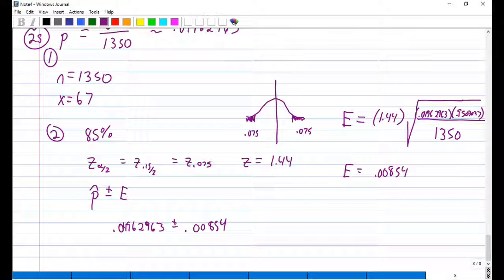All right. So once I do that, I'll have my two endpoints. When I add and subtract that, I'm going to get those two endpoints and I'm going to round them.